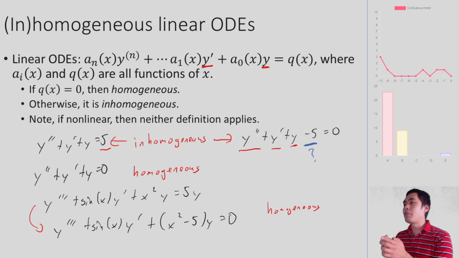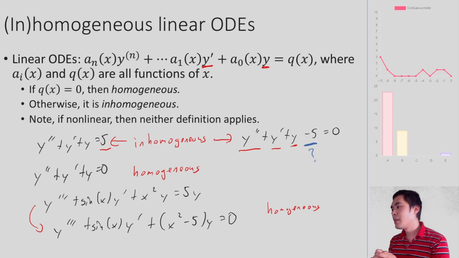You have to be a little careful because this is not quite the same as autonomous. Autonomous talks about whether or not you have x. Homogeneous talks about whether or not you have any components that don't have y. So you can occasionally have things that don't have y, like this equation here is autonomous, right? But it is still inhomogeneous. So you have to be a little careful there.